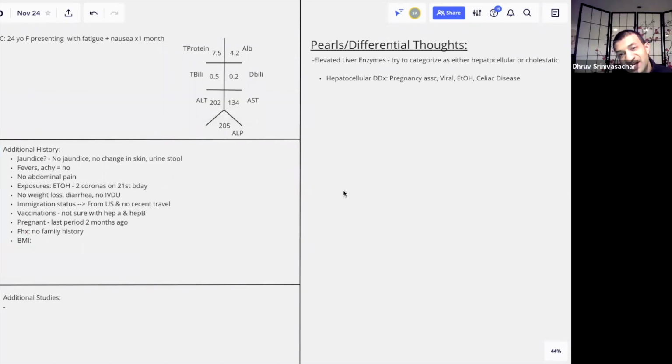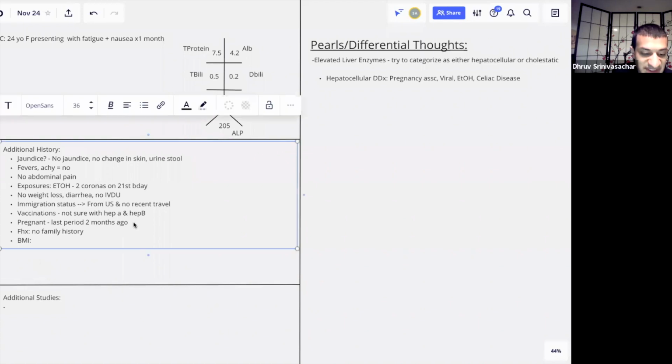And I guess the other thing that I'd want to ask is any other history of autoimmune conditions, and in particular with her fatigue and nausea, there's nothing to suggest it, but I'd want to ask about things like Crohn's disease or ulcerative colitis, which have liver sequelae along with it.